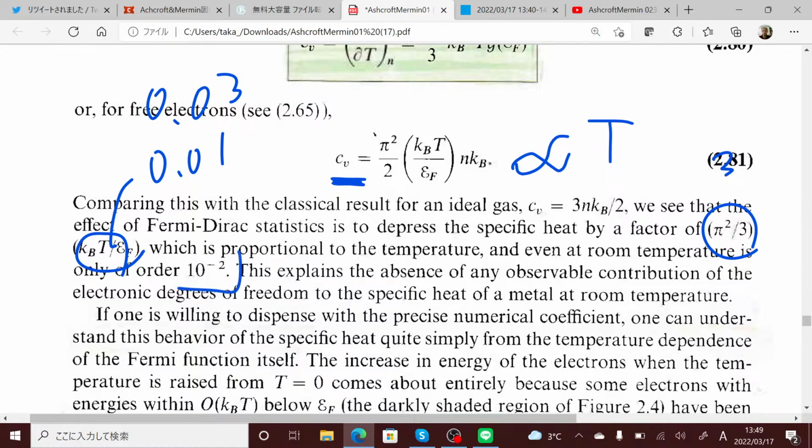So this is actually underestimating or overestimating the result? The factor should be 0.03, but it is overestimating to 0.01, overestimating the effect.